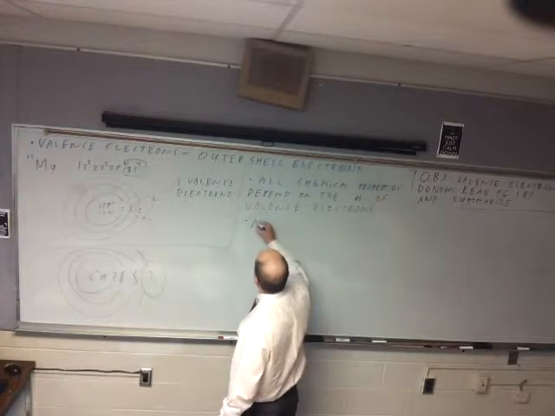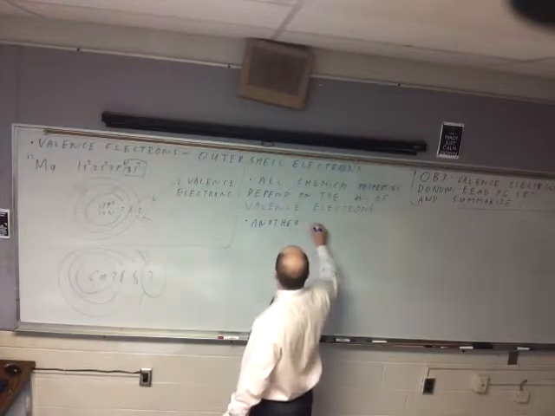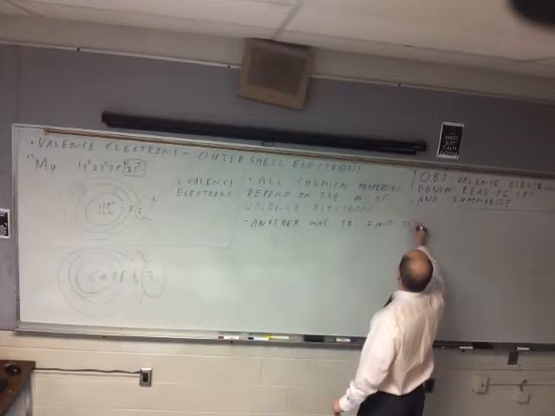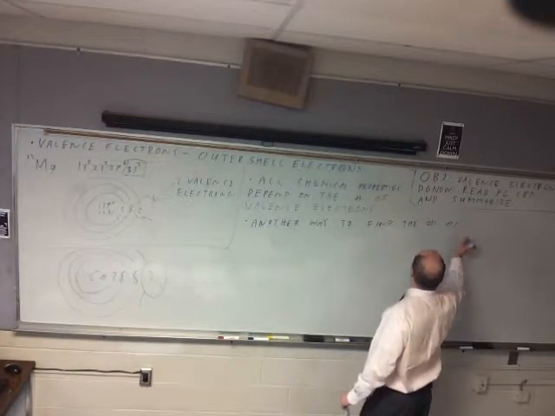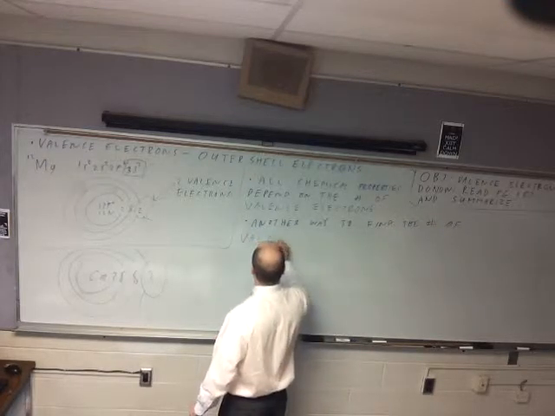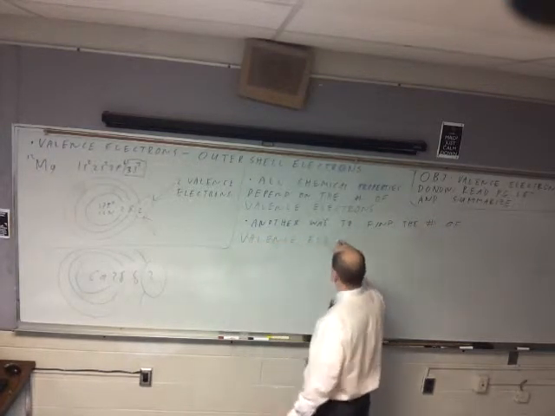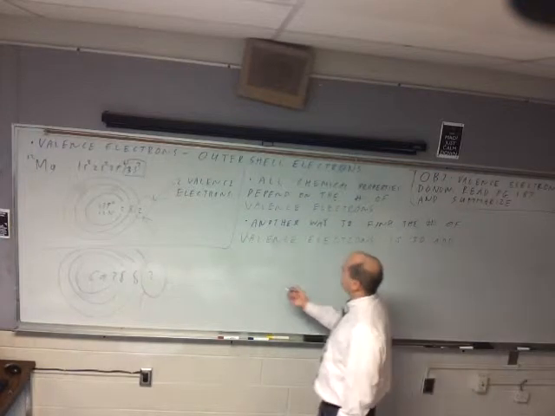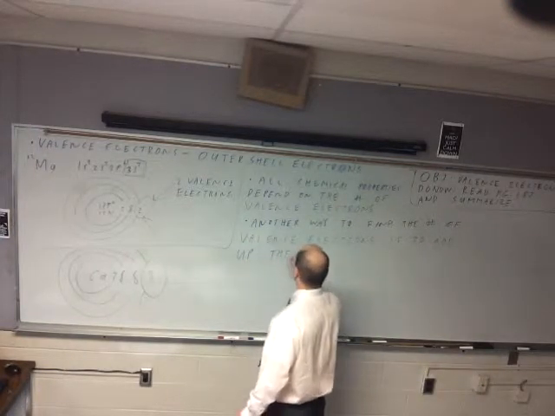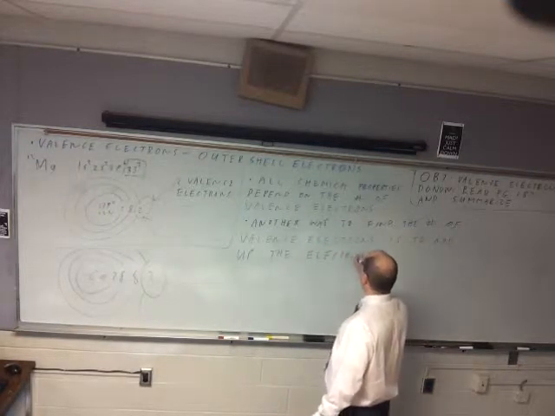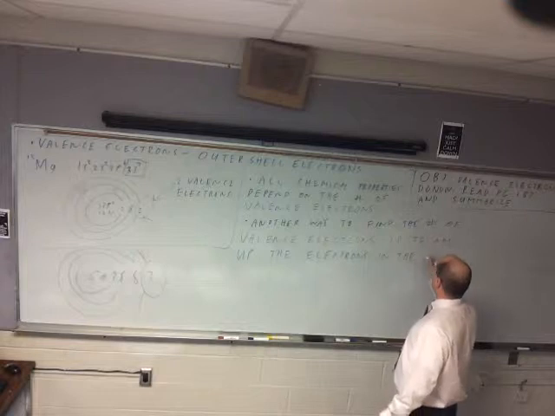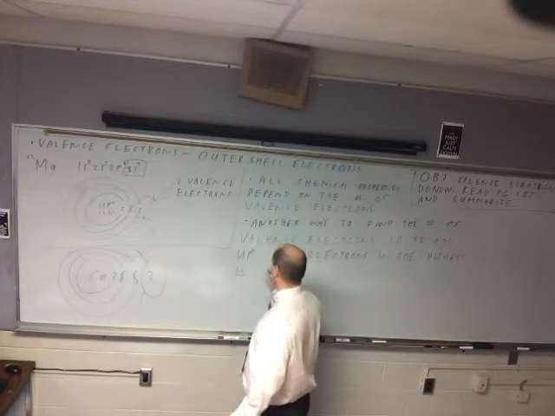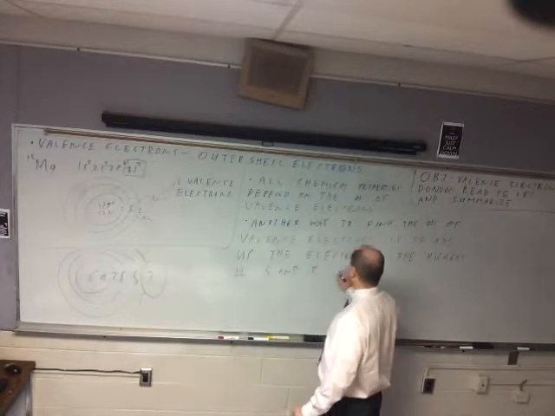Another way to find the number of valence electrons is to add up the electrons in the highest number s and p orbitals.